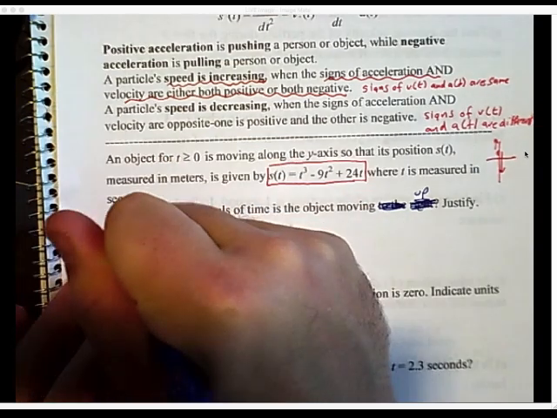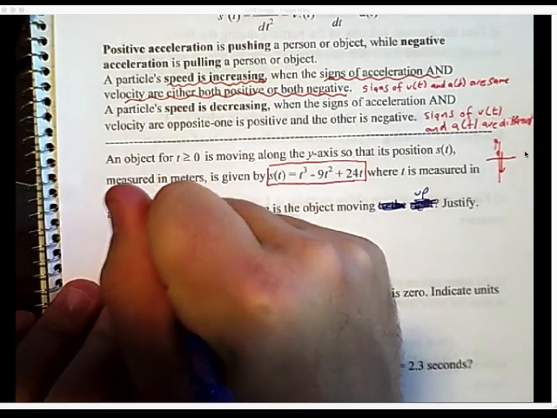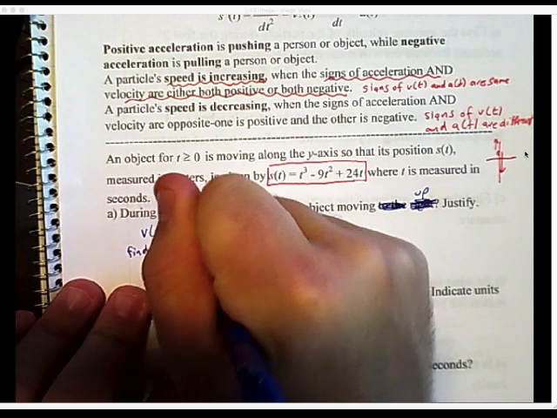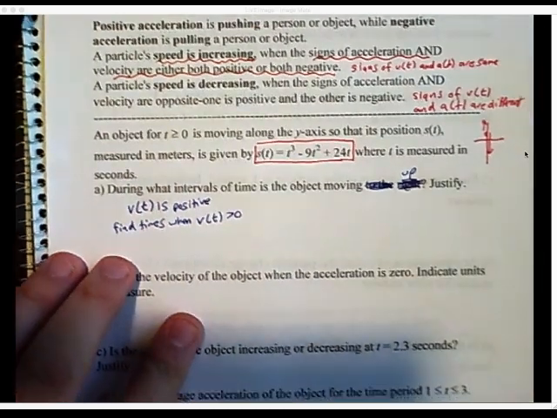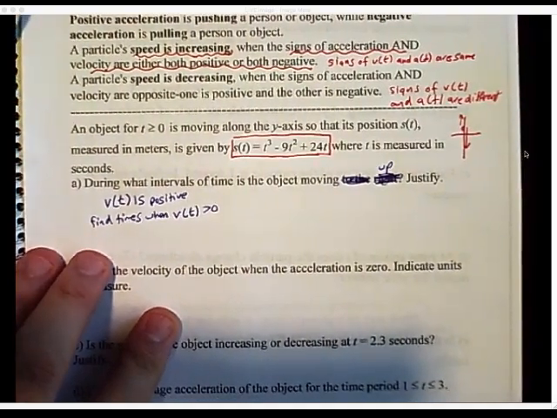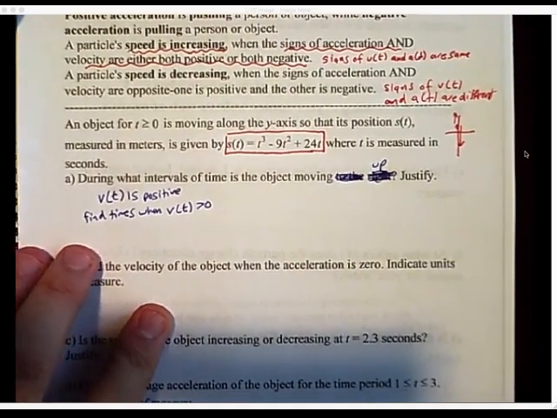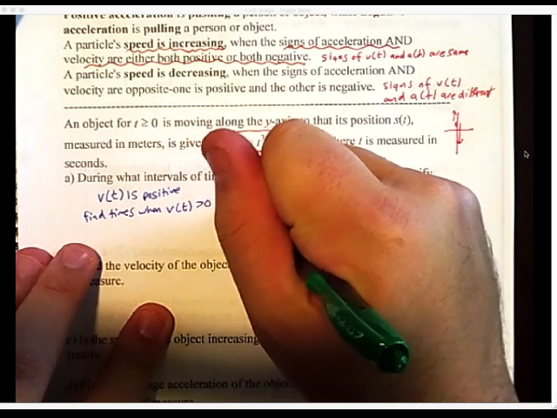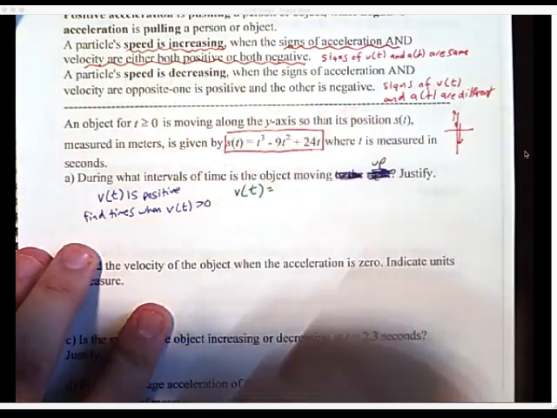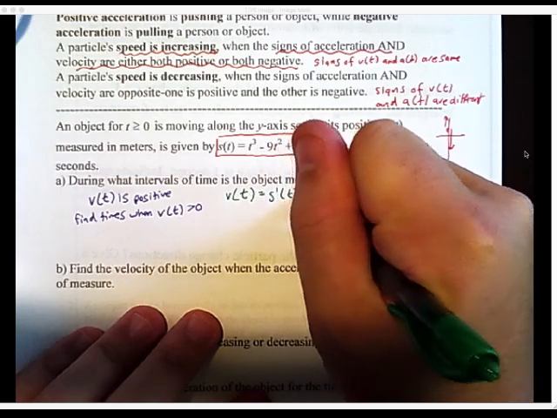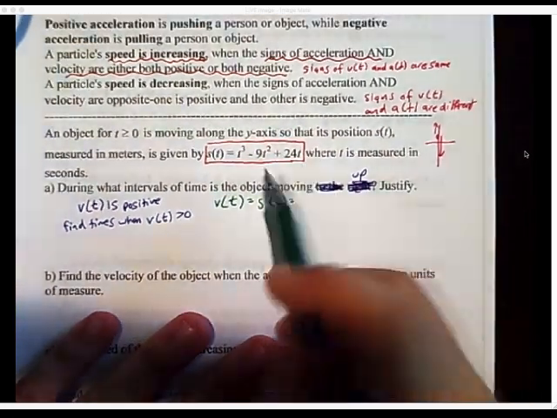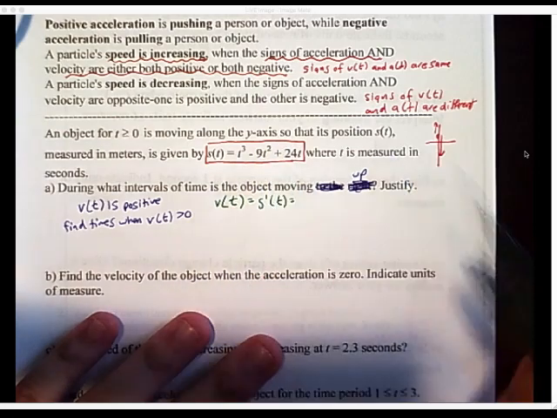So we want to find the times when v of t is greater than 0. So let's first figure out what the equation of the velocity function is. Velocity is the derivative of the position. So let's find the derivative of this thing.